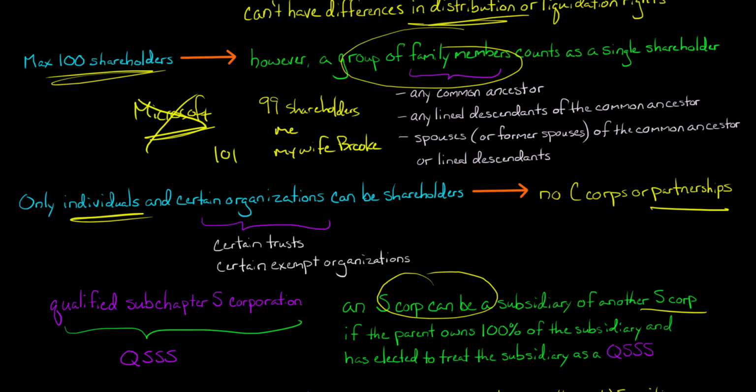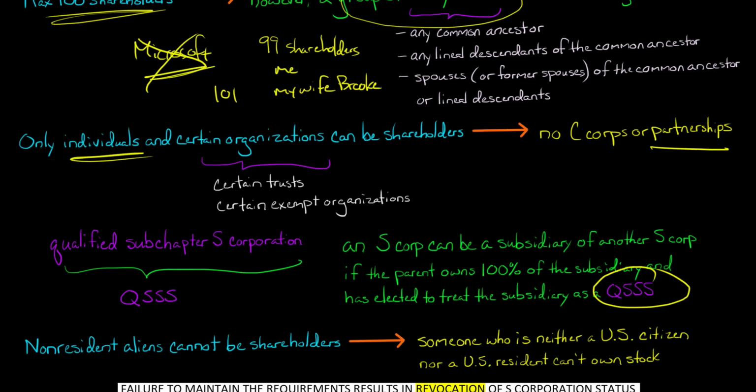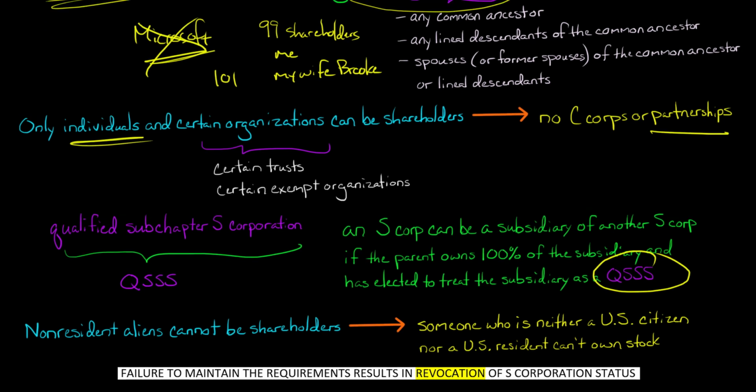But there are requirements: the parent has to own 100% of the subsidiary and has made the election to treat the subsidiary as a QSSS. I won't go into all the details for that, but I'm just trying to give you an idea of the certain types of exceptions here. But the key thing is, C corps and partnerships cannot be shareholders of an S corp.